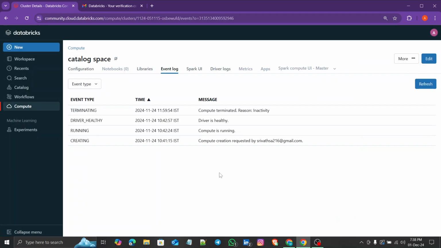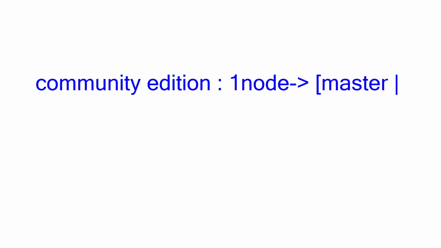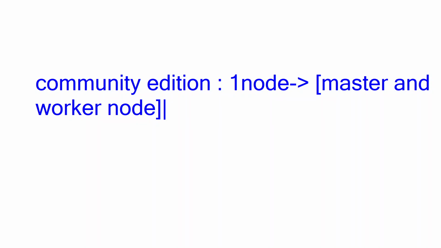Since it is a community edition, you'll be having only one node, which in turn acts as both master and worker node. That's the reason it is showing worker nodes as zero.